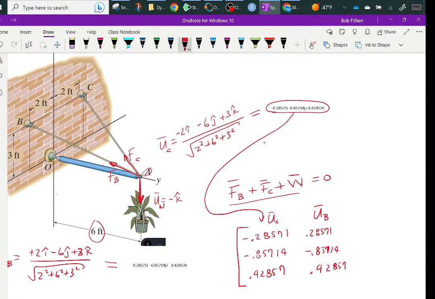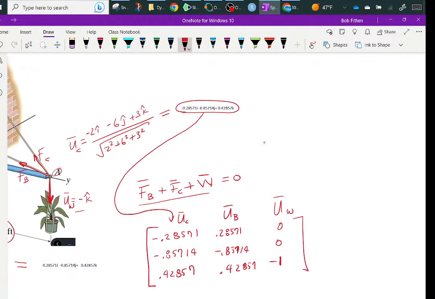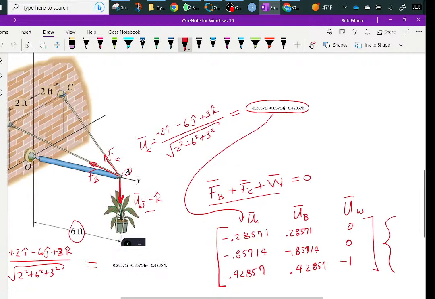And then I'll copy this one, which is 0, 0, and -1, and it is U weight. I don't know what the weight was.